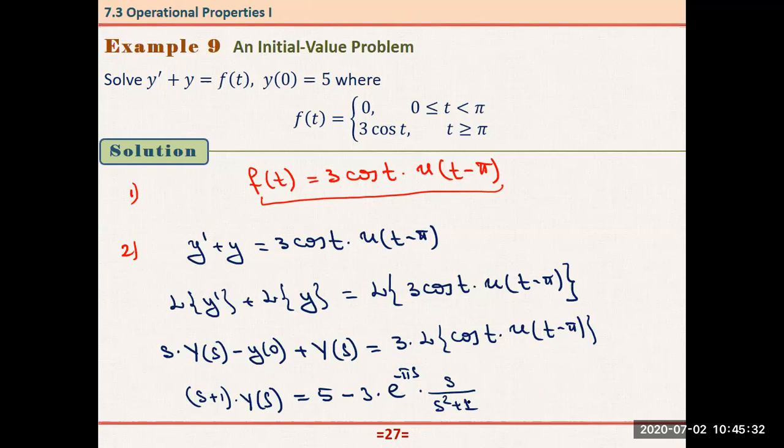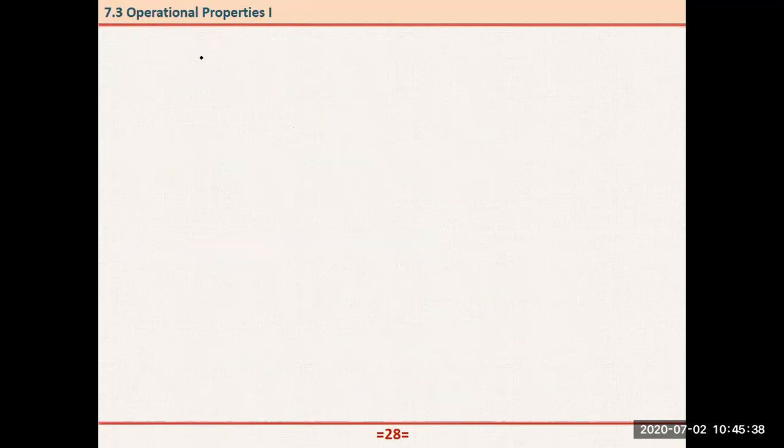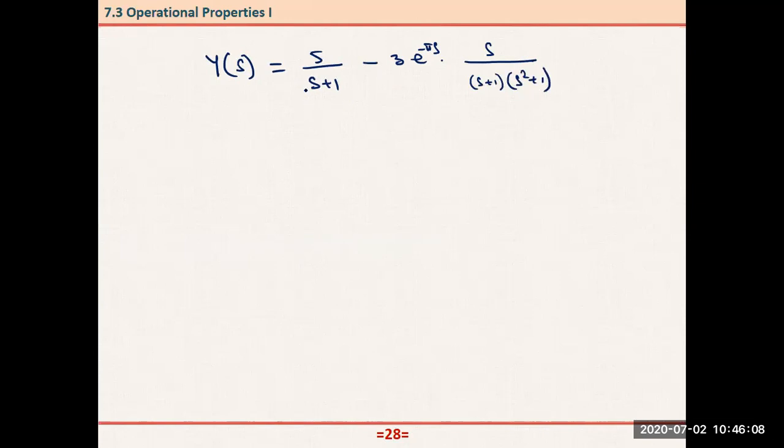Now if I divide both sides by this s plus 1, I get capital Y of s equal to 5 over s plus 1, minus 3 times e to the power minus pi s times s over s squared plus 1, because I have divided both sides by this.